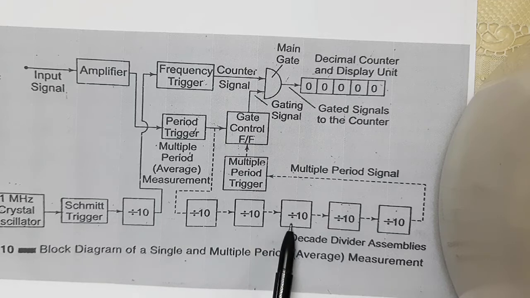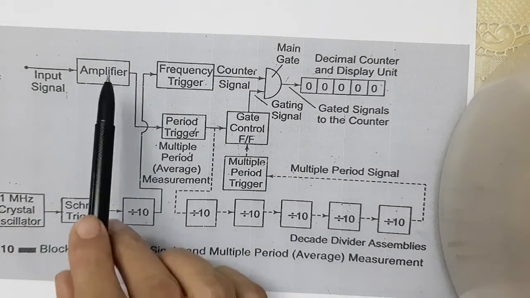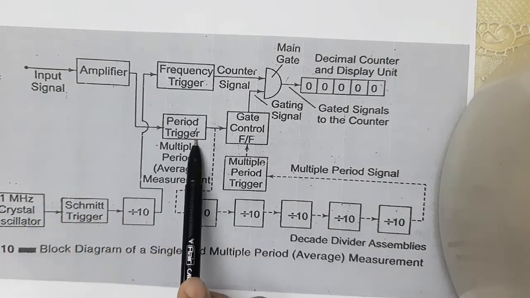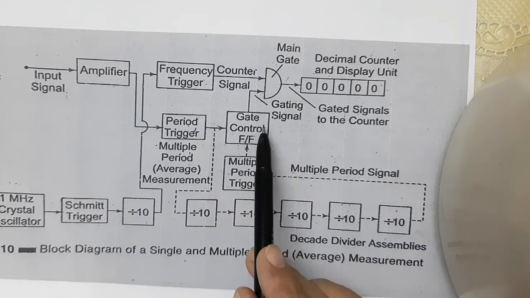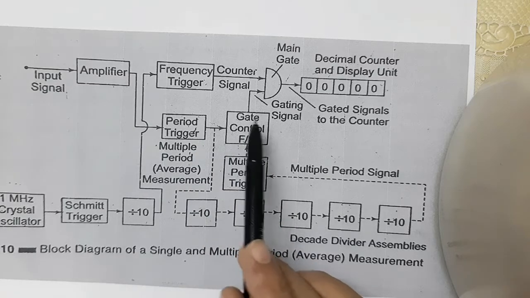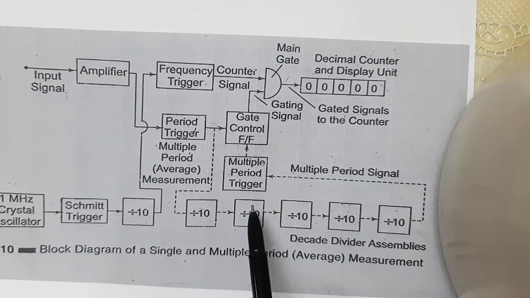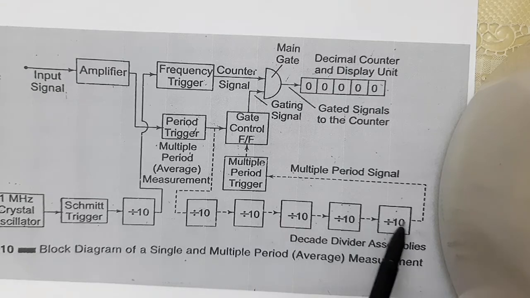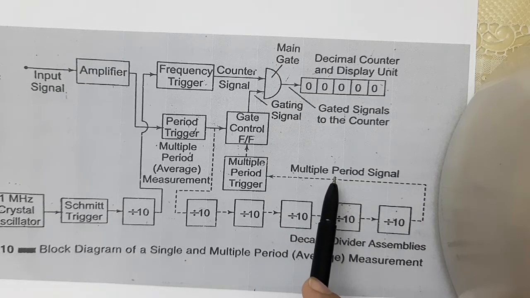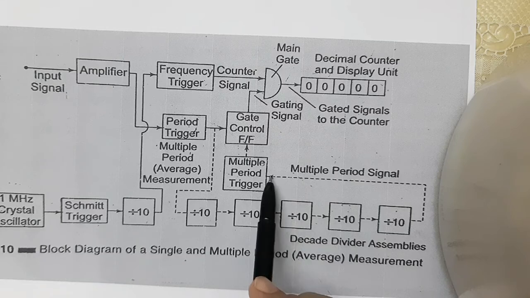This is our input signal, amplifier, frequency trigger, period trigger, gate control flip-flop, and this is our multiple period trigger. The multiple period trigger triggers when the output of this decade divider assembly is given here.